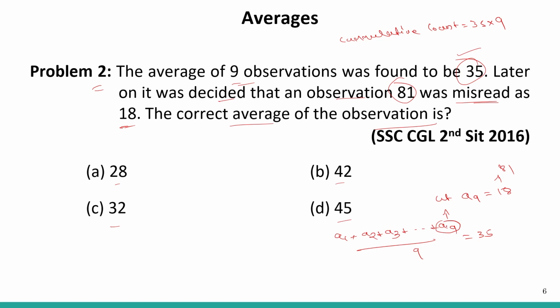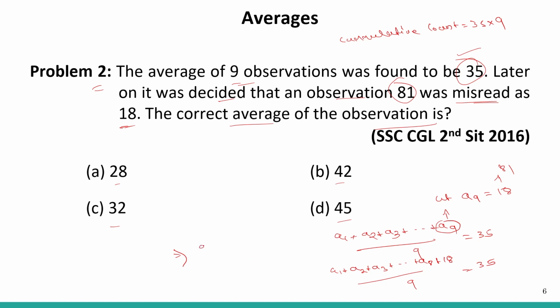So let's add 18 here. A1 plus A2 plus A3 plus dot dot dot plus A8 plus 18, whole by 9 is equal to 35, as given. So this implies how much will be the average of the 8 other than that 18?